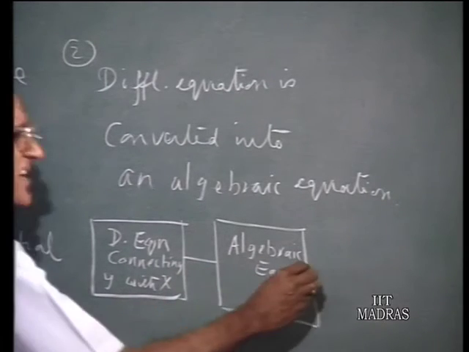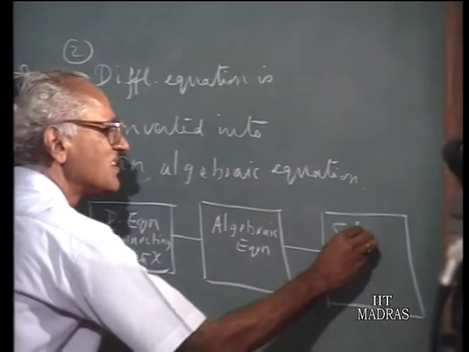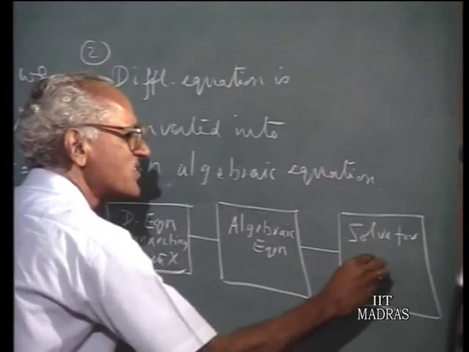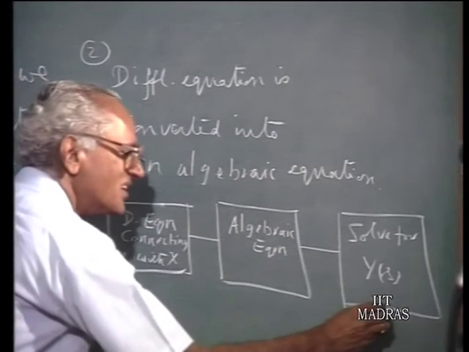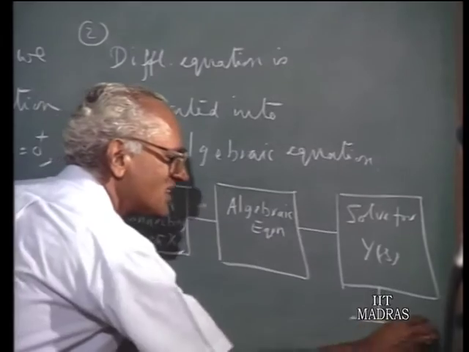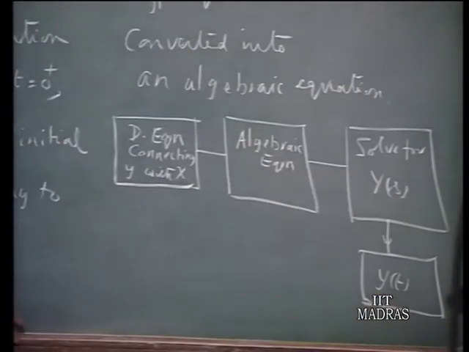From the algebraic equation, you solve for the Laplace transform of the output quantity, Y of s. In this case, the current is the output quantity, so we have solved for I of s. So we solve for Y of s. And once you have got that, you find the inverse Laplace transform and then get y of t. So these are the 4 steps that are involved.